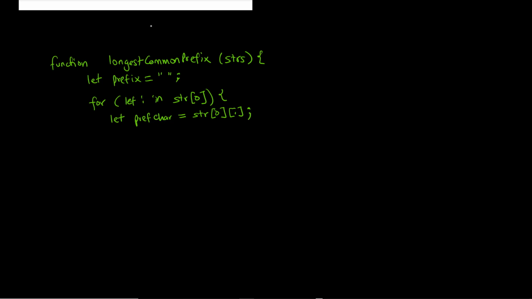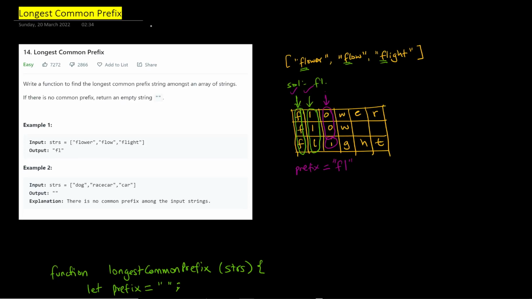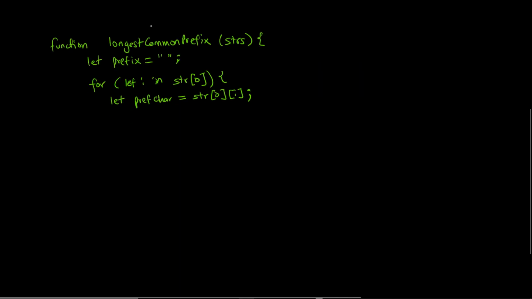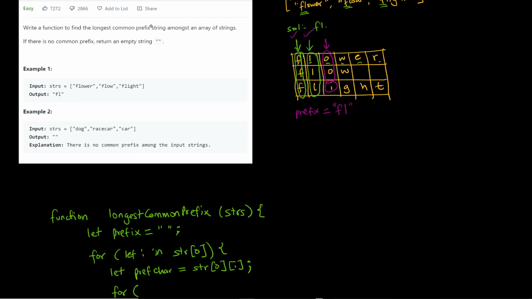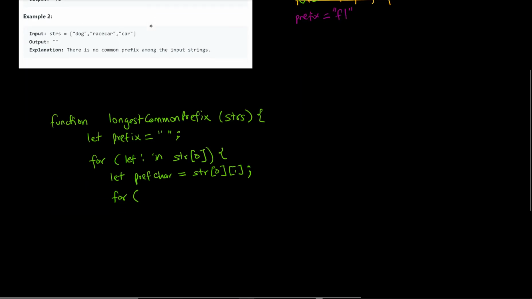We're talking of those characters here, for each of these F, L, O, W, E, R. And now we are running through the whole list. Now this next for loop is basically doing this, running through the whole of this list.